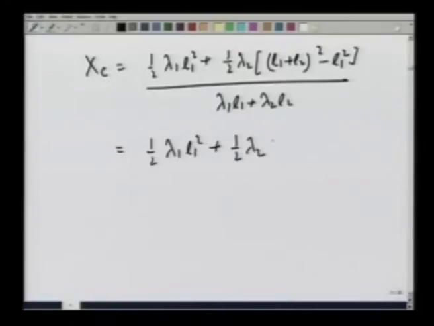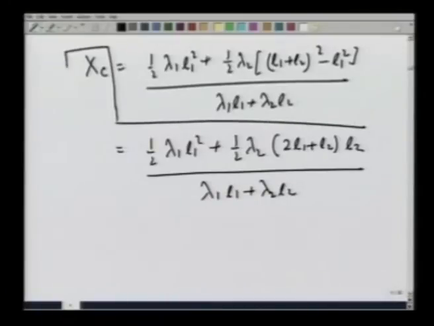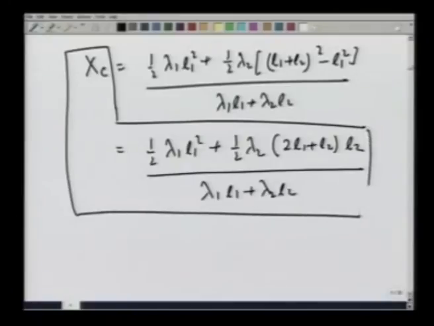I can simplify this. This will come out to be (2 L1 plus L2) times L2 divided by lambda 1 L1 plus lambda 2 L2. So, from the left hand side end of the rod, this is where the center of gravity lies.